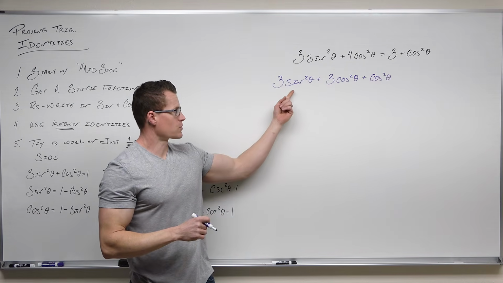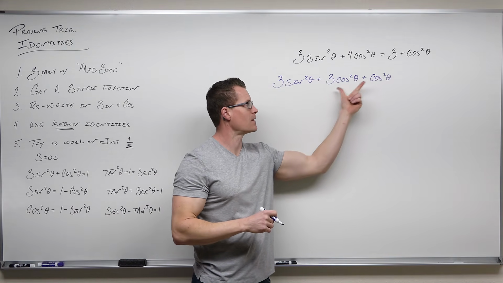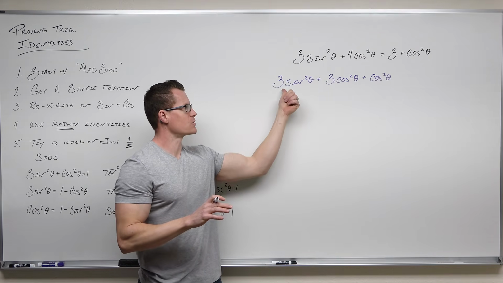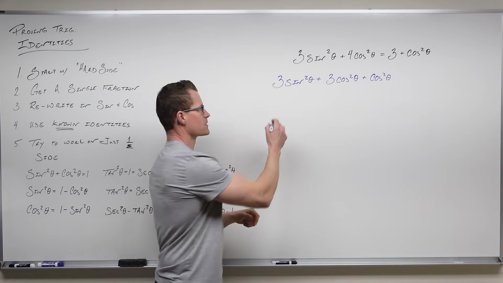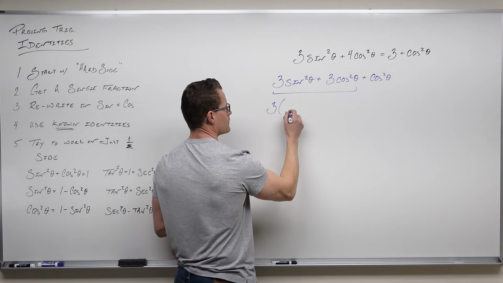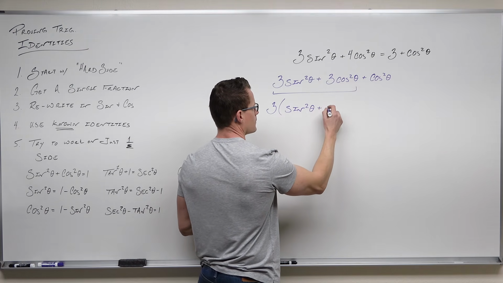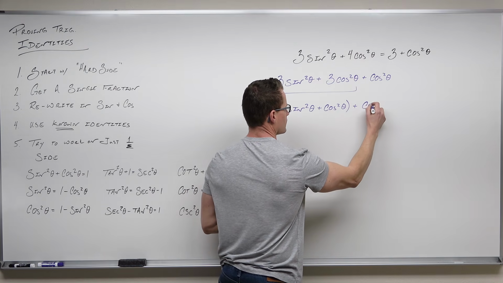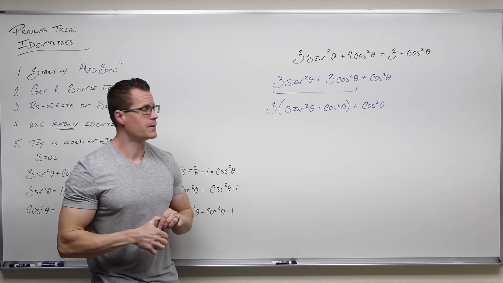This is still 3 sine squared theta plus 3 cosine squared theta plus cosine squared theta. That's still 4 cosine squared theta. But it's made it so that this piece you can factor. If you look at just that piece and factor out the 3, well then now that's a good identity.